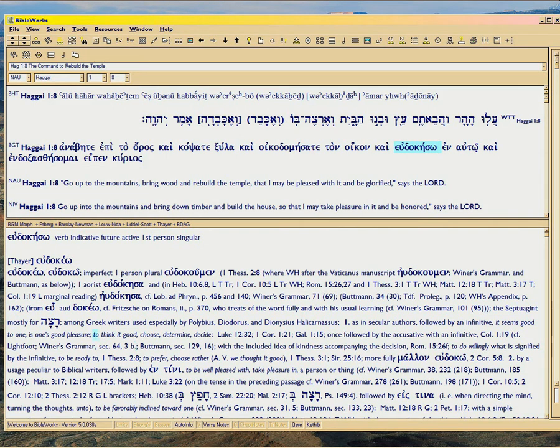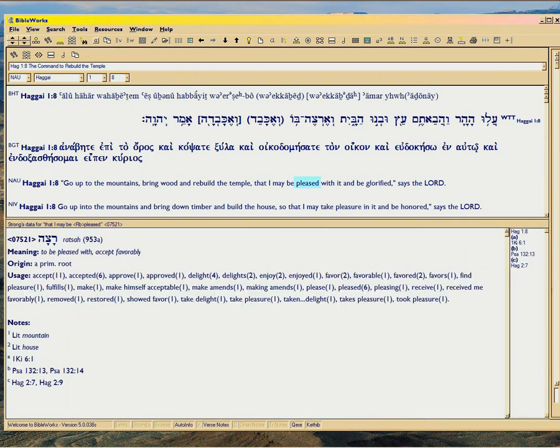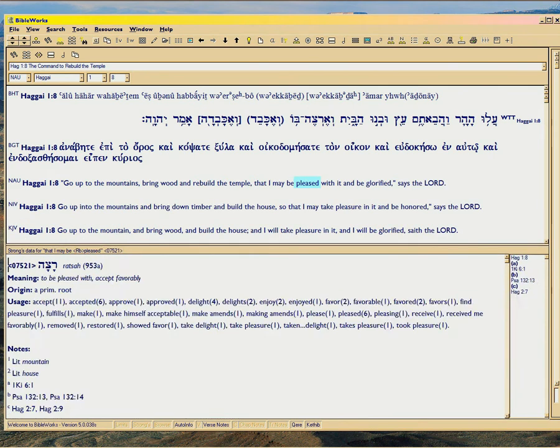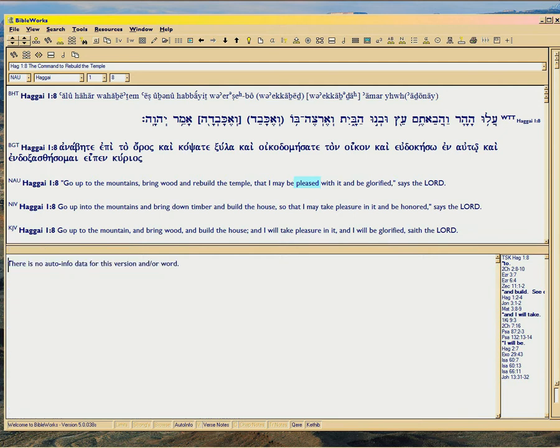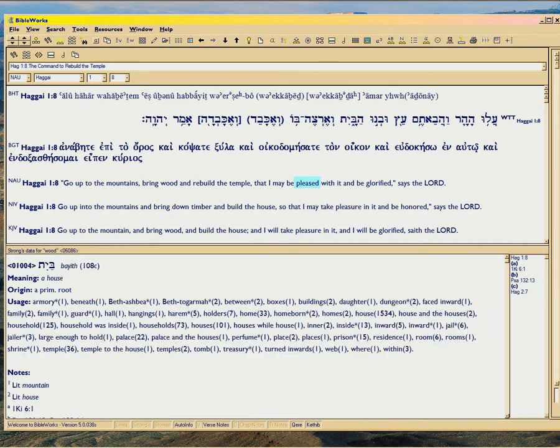That's the AV, the King James translation of it. Good, choose, determine, decide. In other words, it's like Genesis: God saw that it happened and it was good. God approves it, so that I may be pleased with it. Okay, pleased. Now let's pull this down so you can see your favorite translation. That has to do with the wood.